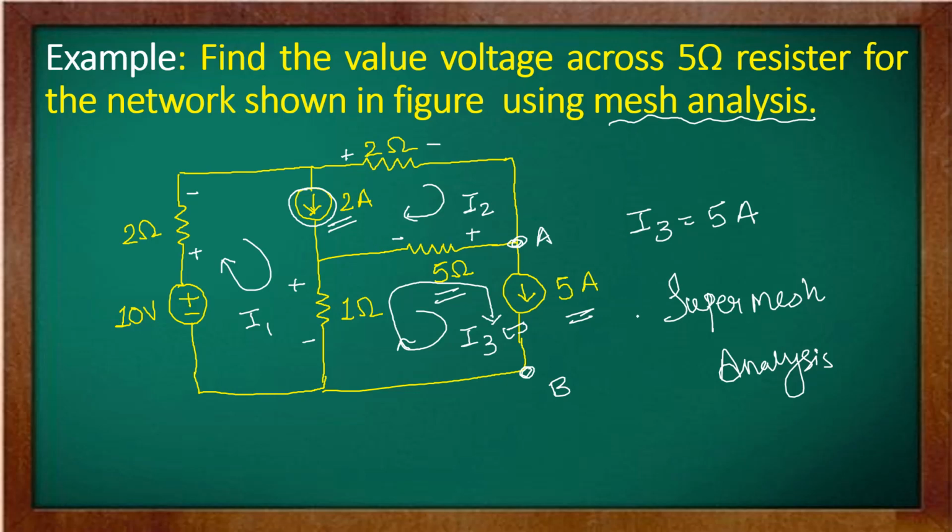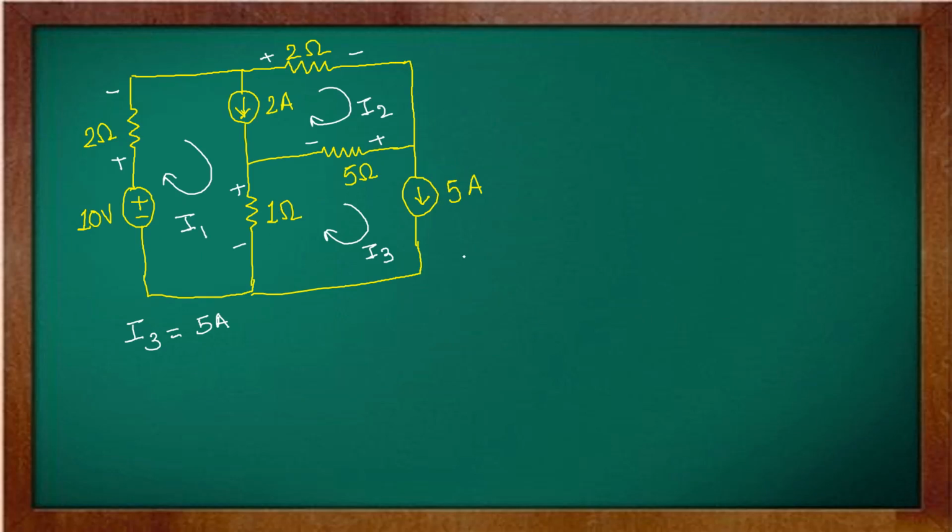Alright. Now this is our diagram, where we have already found I3, which equals 5 ampere.